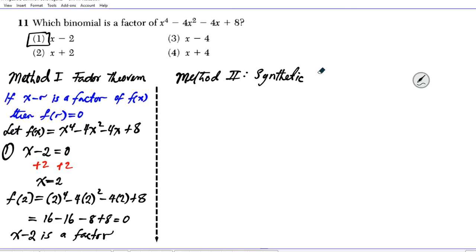Some students prefer this over the factor theorem because all you're doing here is just adding and multiplying. So what's the main idea here?